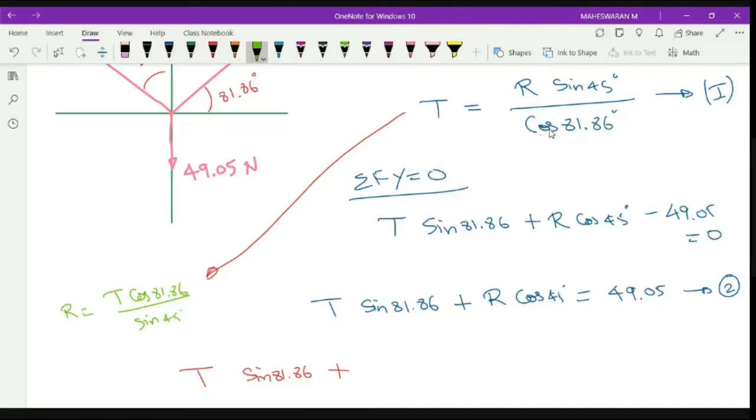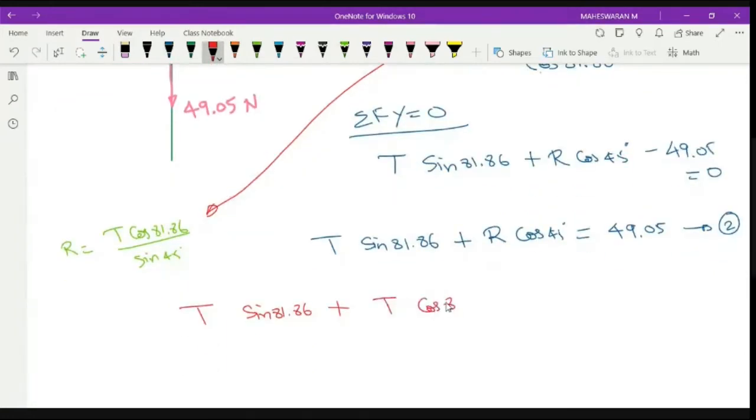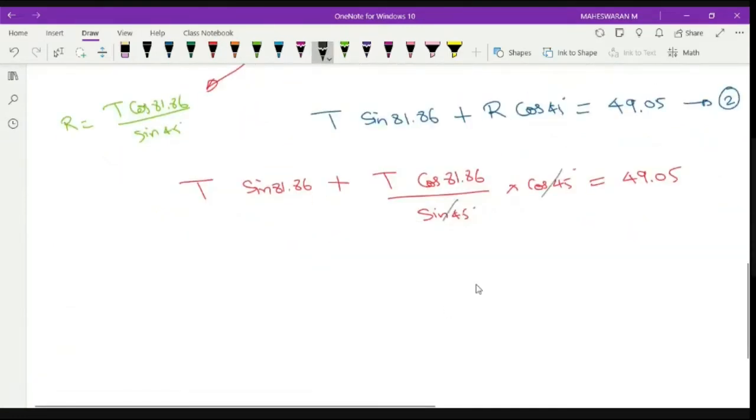So just change this R in terms of T. When you do that, what you'll get is T sine 81.86 plus T cos 81.86 divided by sin 45 into cos 45 is equal to 49.05. You know that both are the same, so I can cancel this.